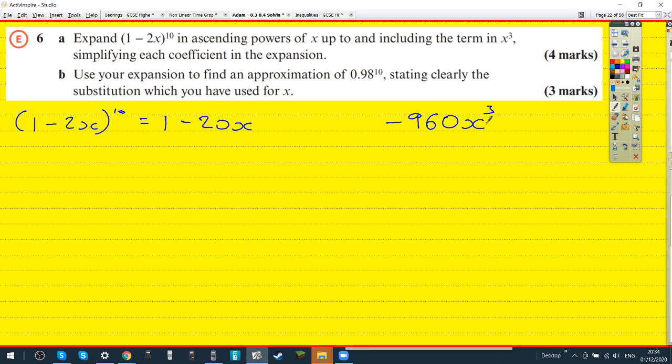So for x, you just put minus 2 times 1, or just minus 2? I did the x. Okay. So just do x squared.